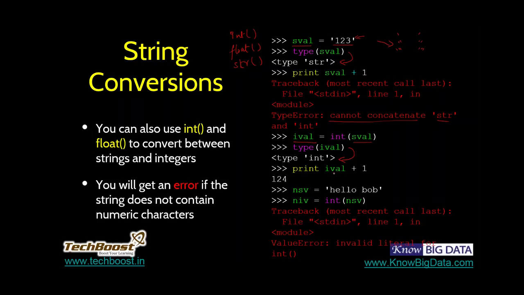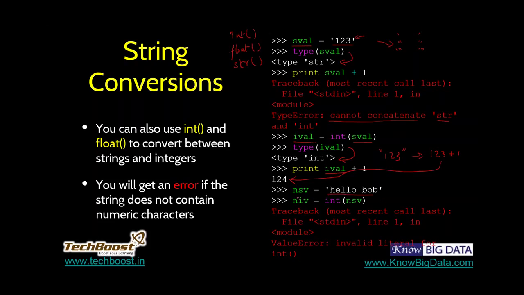And when we try to do an operation of addition, it works. ival holds the value 123, but not string 123. Rather, now it is the number 123, and we try to add 1 to it, which gives 124, which is the output. Alright.